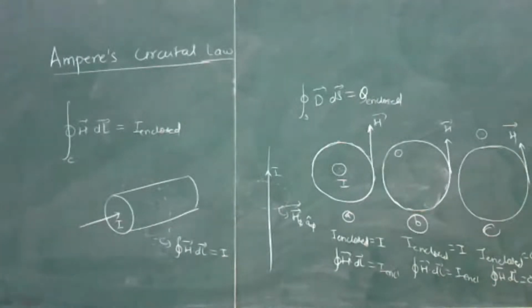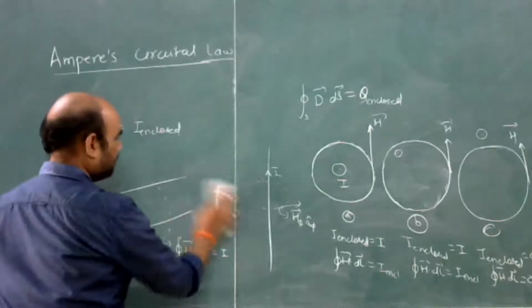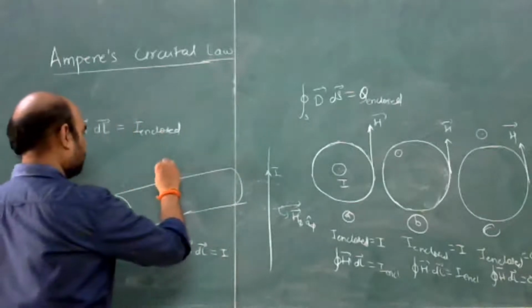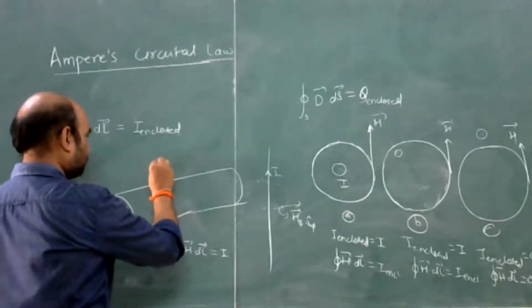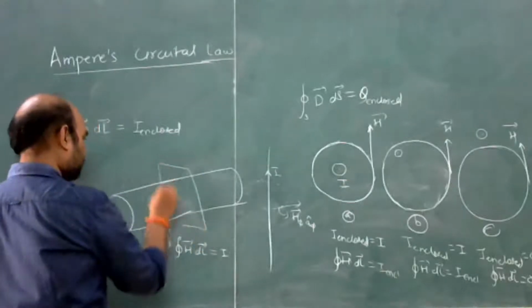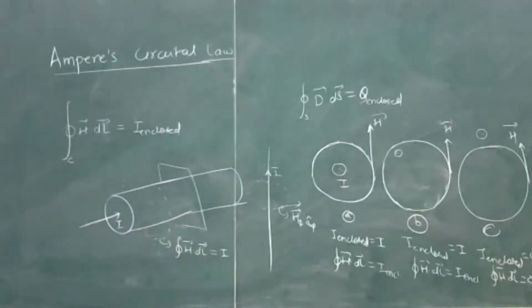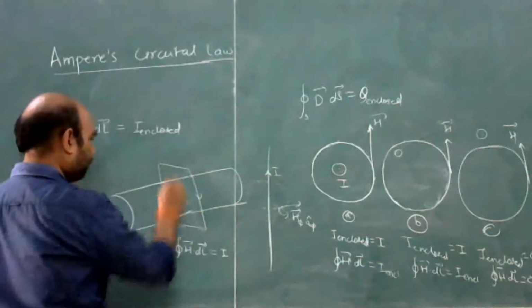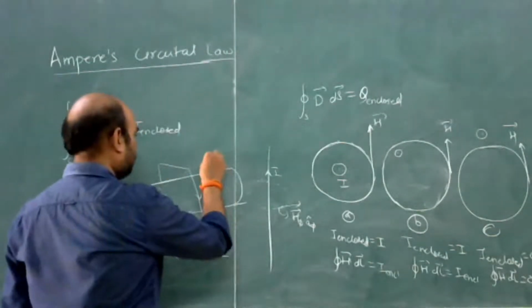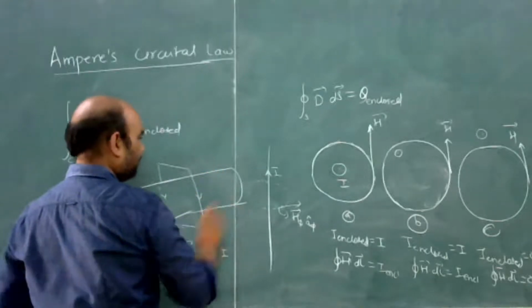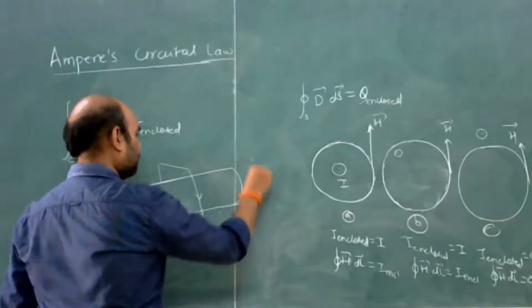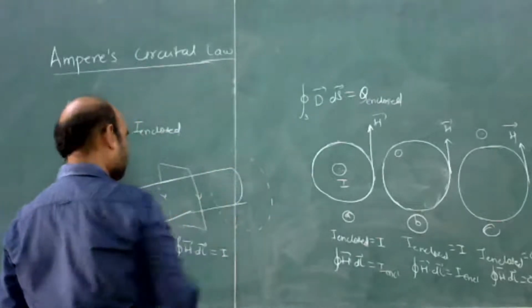We can take another case. We are considering this conductor like this, and we take a rectangular loop like this. So there is a circular loop, a rectangular loop, and a loop which is crossing this conductor.